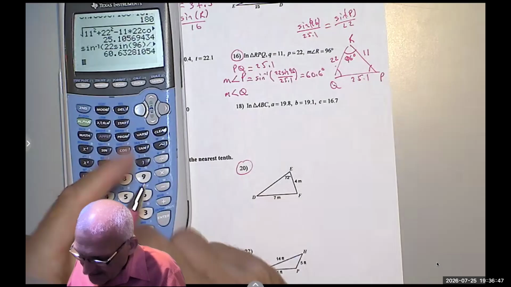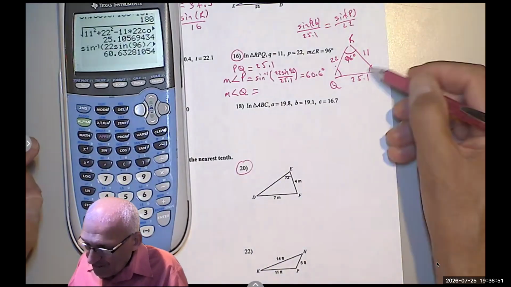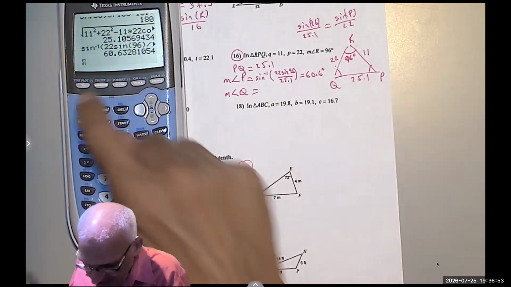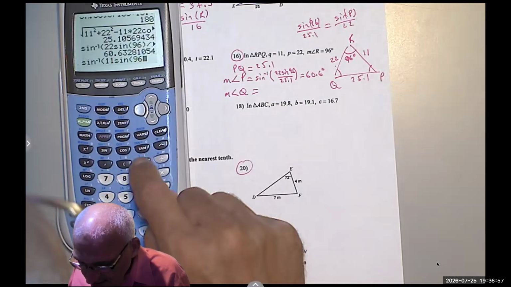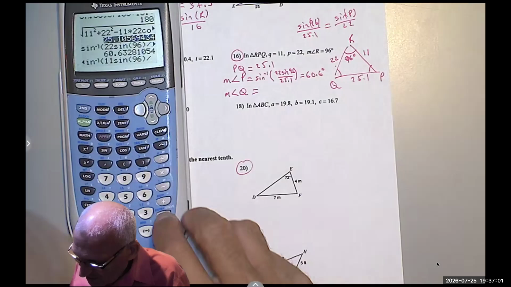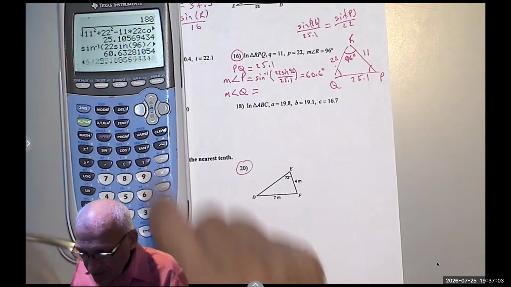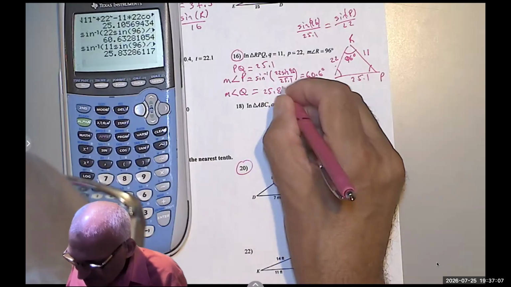Now to find that, I'm going to use the same thing, sine Q over 11. So it would be inverse sine 11 sine 96 divided by the number I found here, 25.1. That gives me 25.8 degrees.